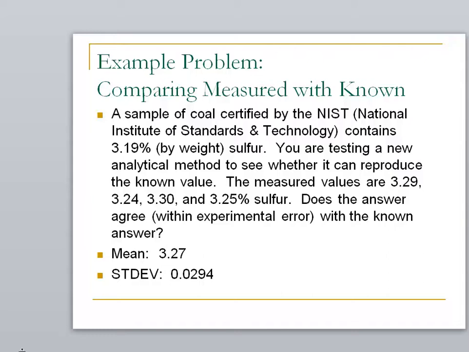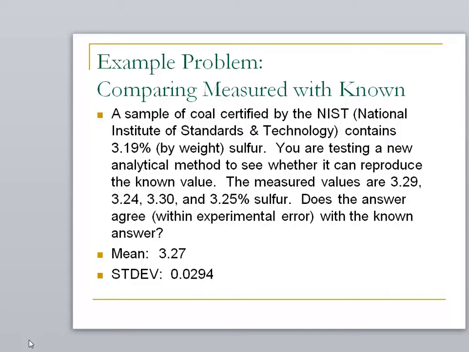So here's an example of another reason that we would use a confidence interval. Just another different type of example to go by. It says a sample of coal certified by the NIST contains 3.19% by weight of sulfur. So this is a standard that the company has ordered.